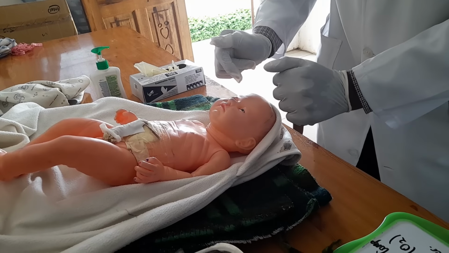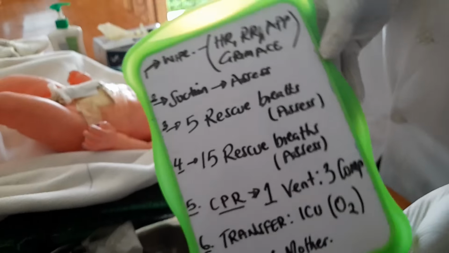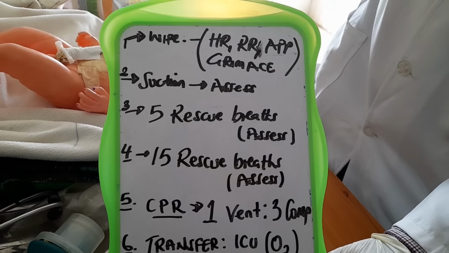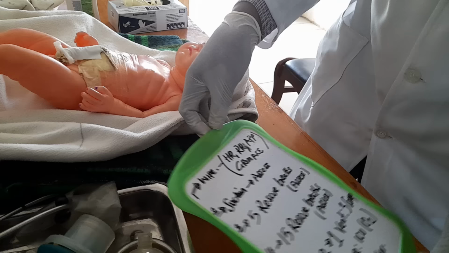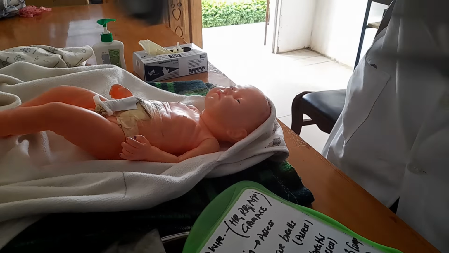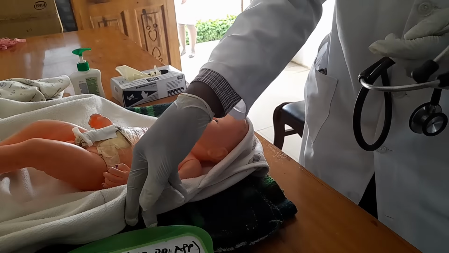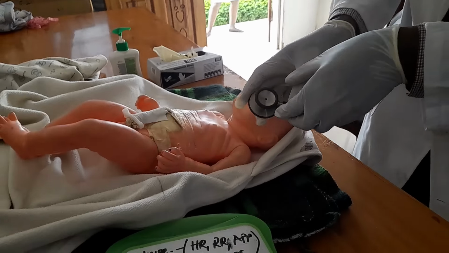Okay, so once you do that, since you have wiped, you should be able now to check. So we are here on number 1, if you look at the list. On number 1, when you wipe the baby, you have to assess for the following. You're going to start with heart rate, but you have to be quick. You check for heart rate. You're going to wear that stethoscope and put it there.